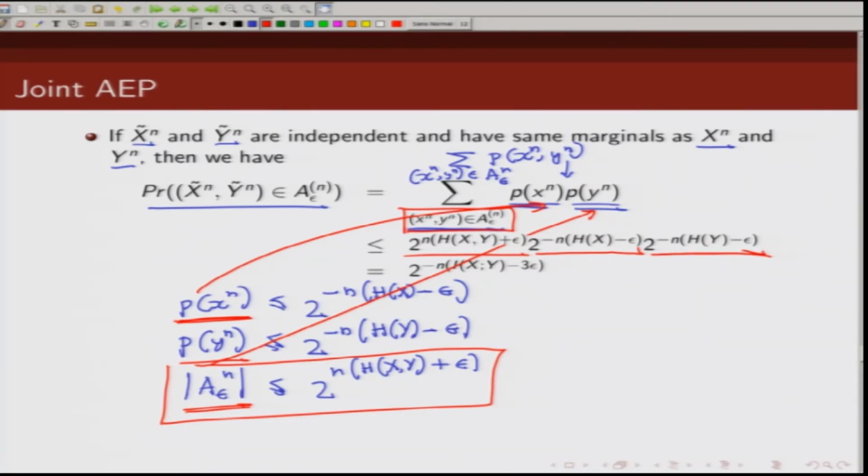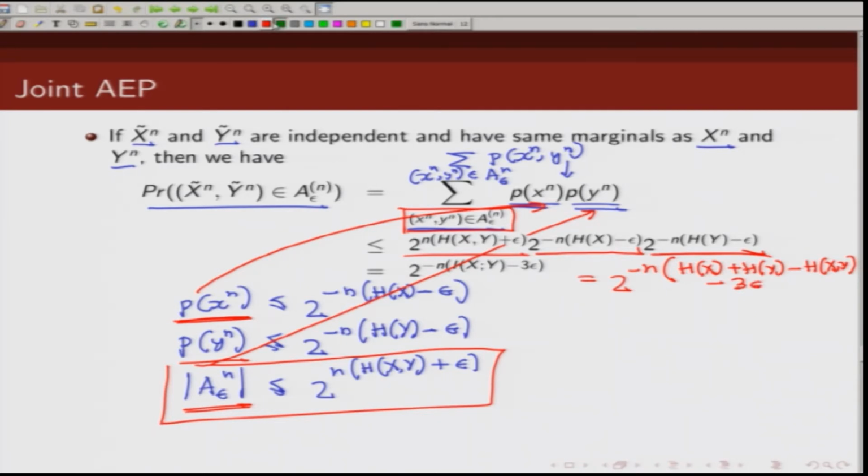So we combine all of this, and what we get is 2 raised to the power minus n (h of x plus h of y minus h of xy minus 3 epsilon).